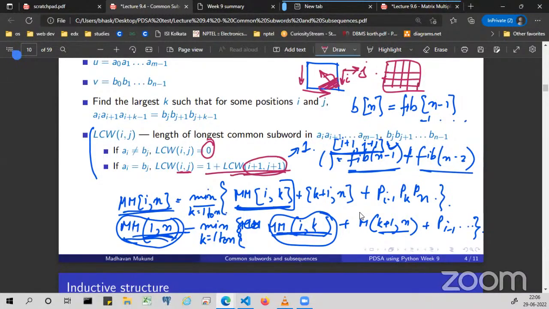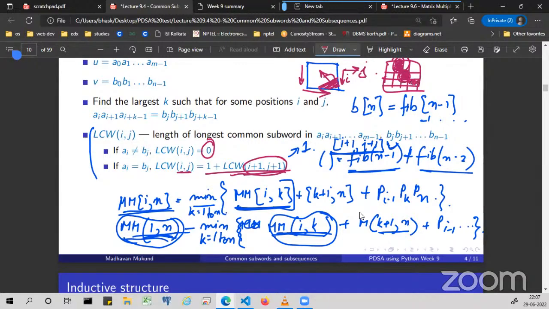If I have to calculate, let's say this cell's value, which is i plus 1, j plus 1, corresponding to this cell. If this is ij, what is i plus 1, j plus 1? This value is i plus 1, j plus 1, correct? So I need to have the value of this cell in order to calculate the value of this cell. And in order to calculate value of this cell, I need the value of this cell.